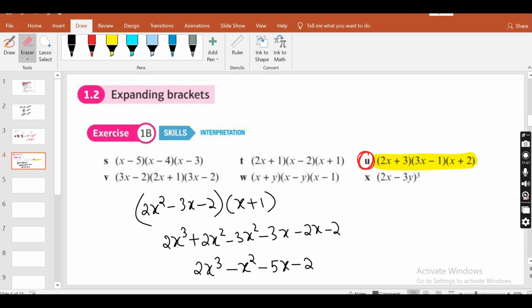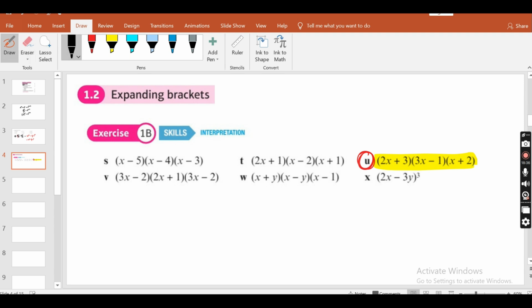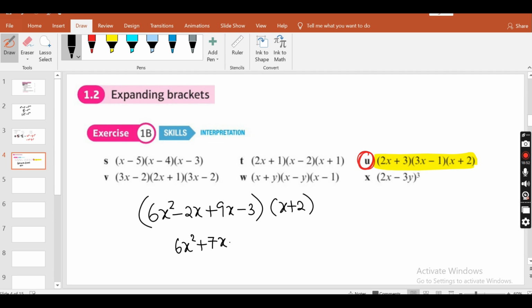You can just correct your mistake. Try now. If you open the first two brackets, you are supposed to get 6x square minus 2x plus 9x minus 3. Have you got this? Yes. Okay. And then simplify, you will get 6x square plus 7x minus 3, isn't it? Yes. And then take 6x square, multiply both, you will get 6x cubed plus 12x square.